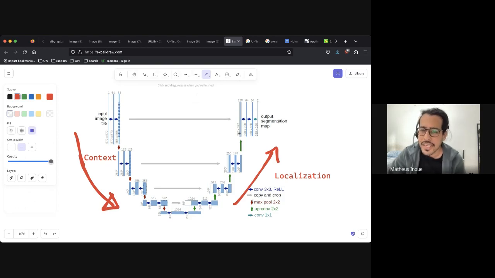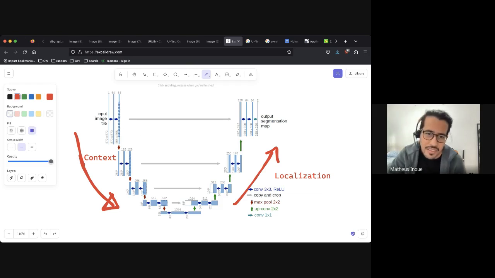And then we understand what is important in the image with this context path, but also we understand where precisely it is with these upsampling features, right?